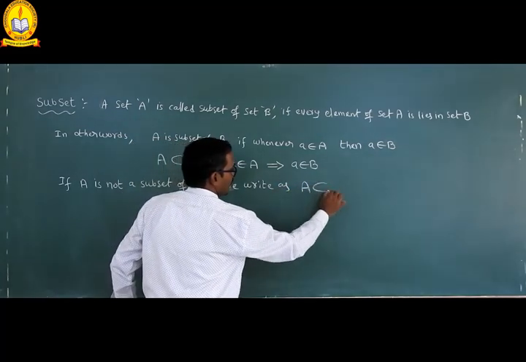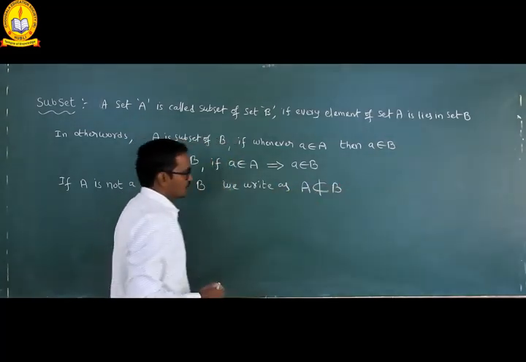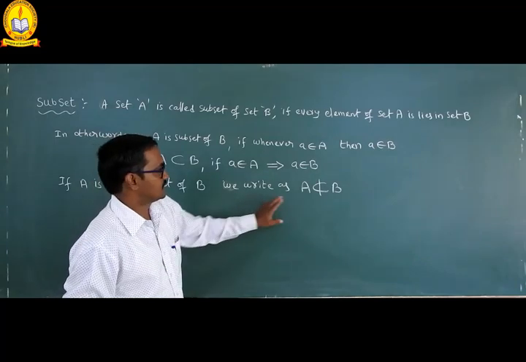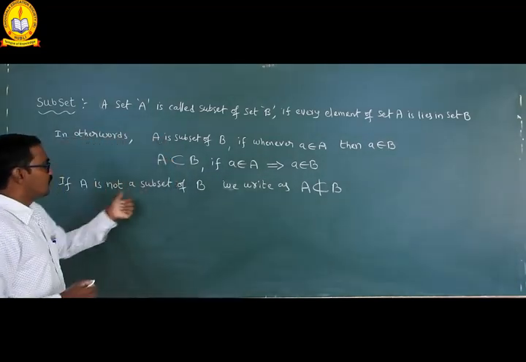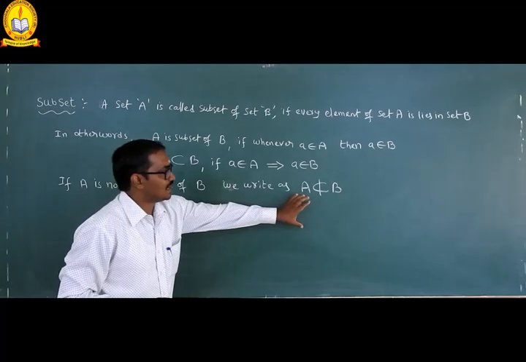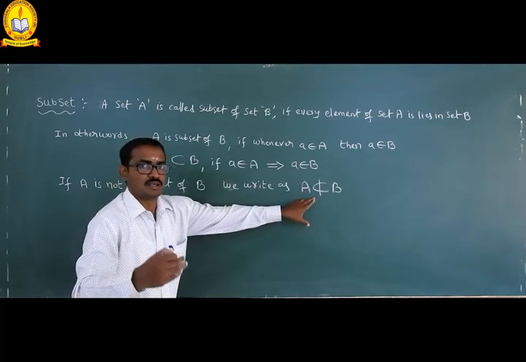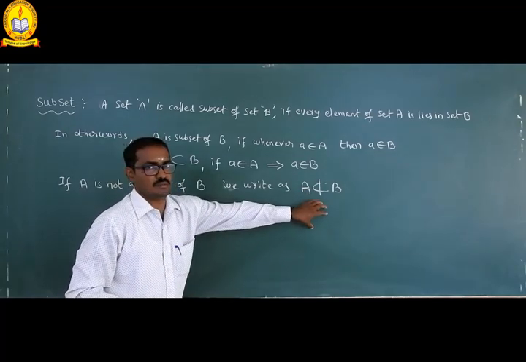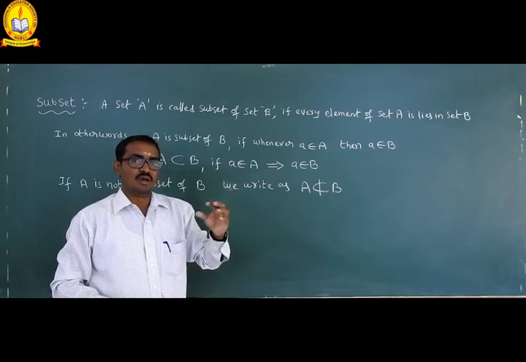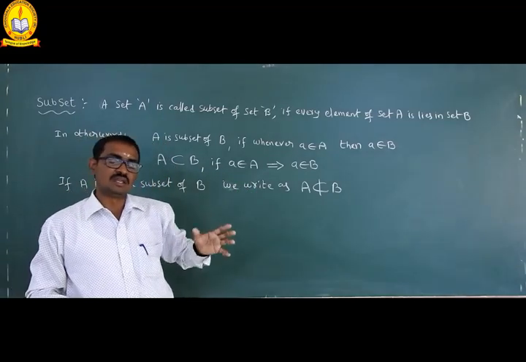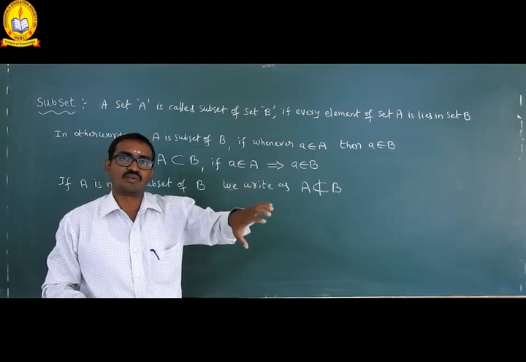This is the notation for that one. If A is not a subset of B, we write it with this symbol. Symbolically, we write A is not a subset of B. Some elements of set A do not lie in set B, then A is called not a subset of set B.